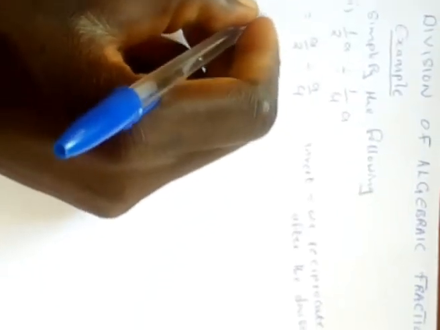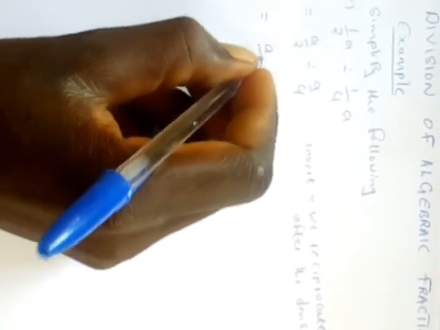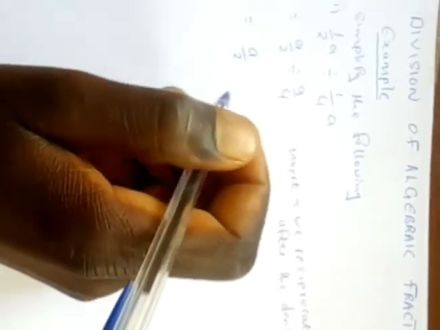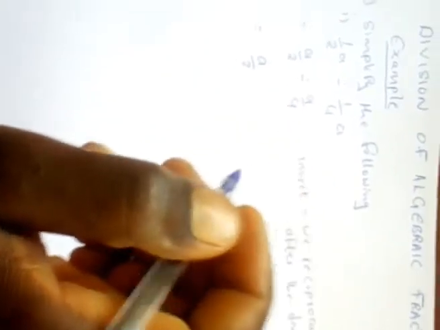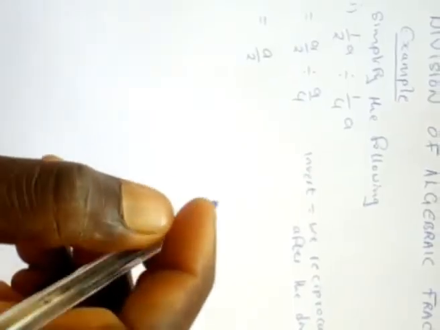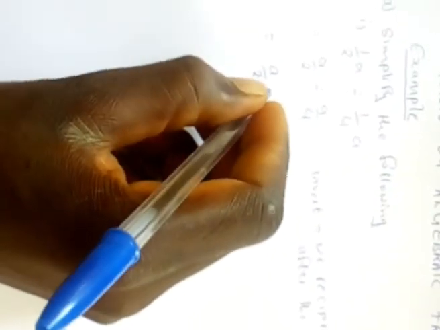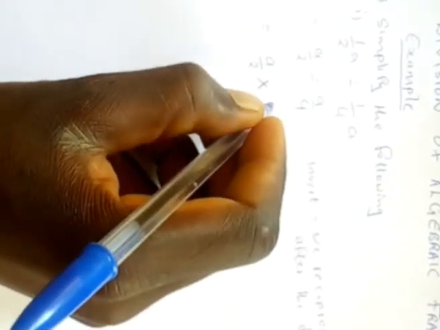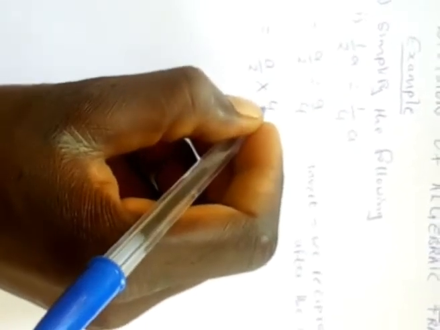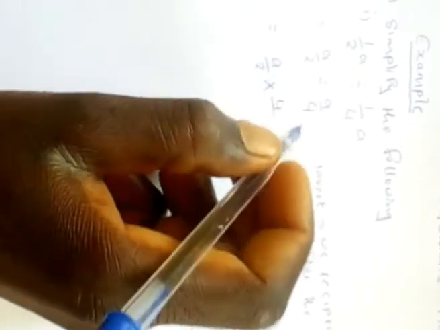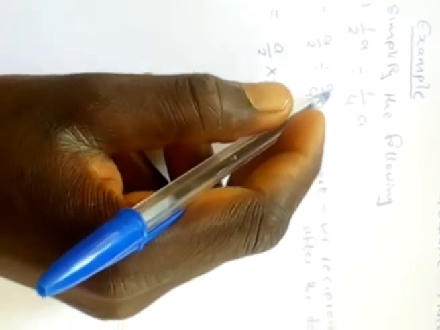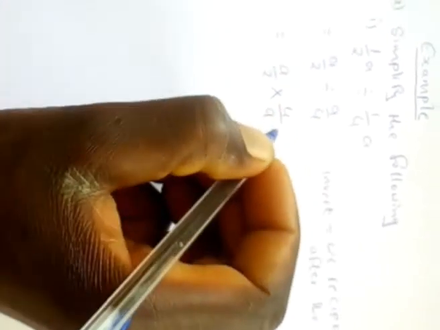So we are going to have a out of 2. Then as we reciprocate, we change the sign between the fractions to multiplication. Our denominator 4 will be the numerator, and the a, which was our numerator, will be our denominator.